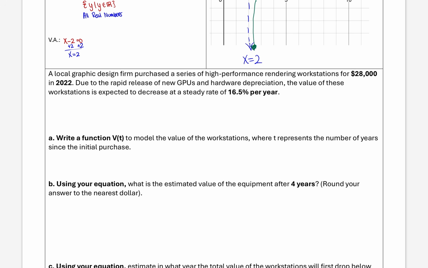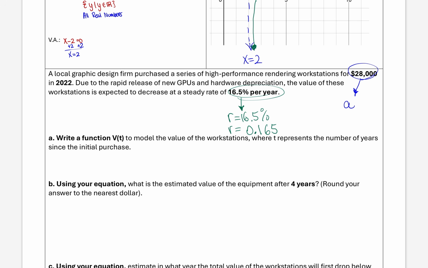Okay, so my first step is to label. This 28,000 right there is going to represent my a value. This 16.5% is going to represent my r value, but keep in mind that we're going to convert this to a decimal value. So this will give us 0.165.